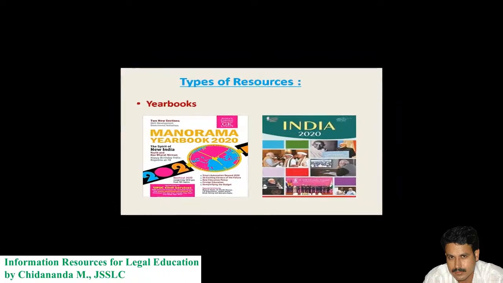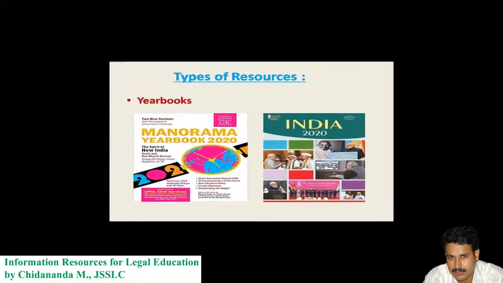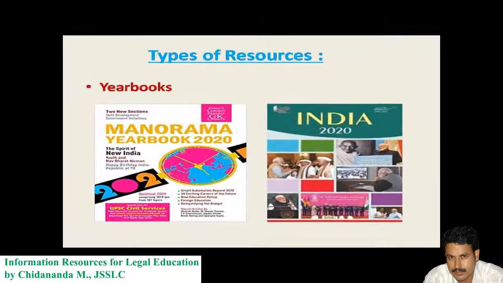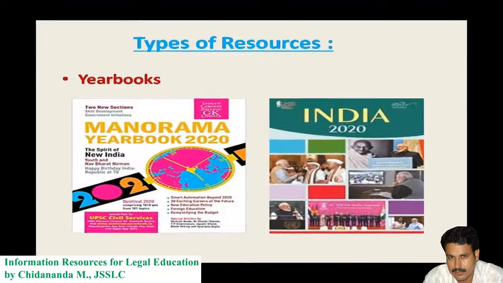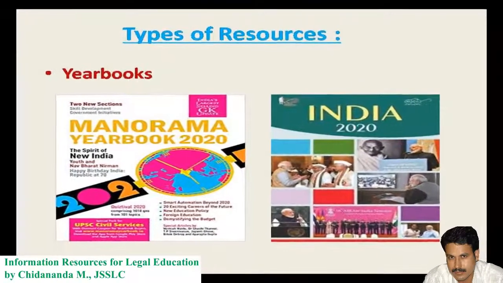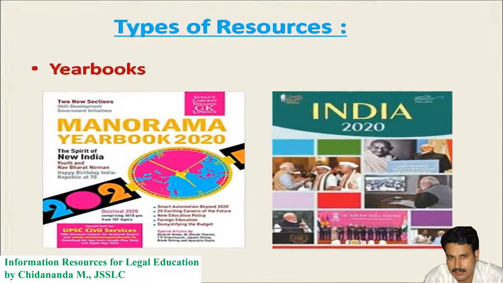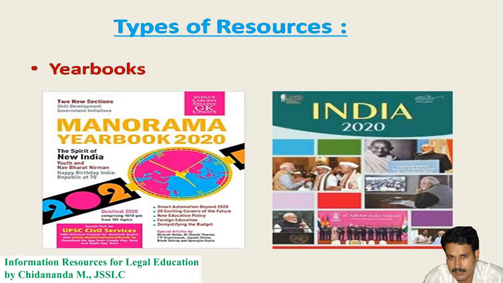Yearbooks are also called annuals. These are one of the serial publications printed and distributed every year. These contain information in a particular year in one or more subjects in brief, descriptive, and statistical form. You may get international, national, and state yearbooks.